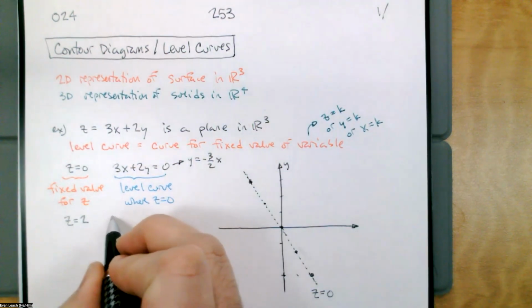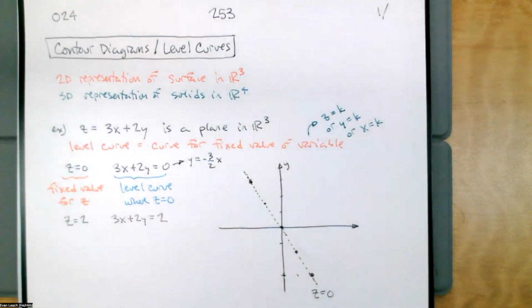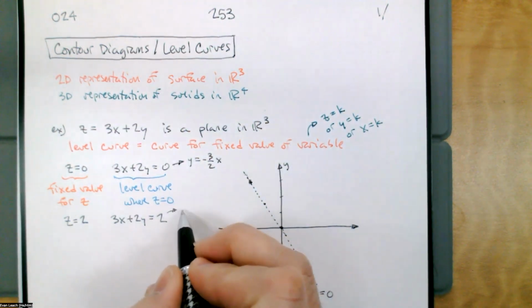The level curve is going to be 3x plus 2y equals 2. Because I can only think in terms of slope intercept, that's why I picked 2 and not 1. Because I knew I was going to divide by 2, so I could picture the line better.